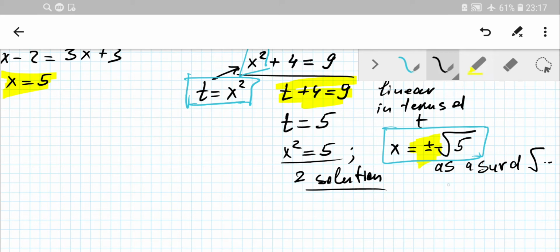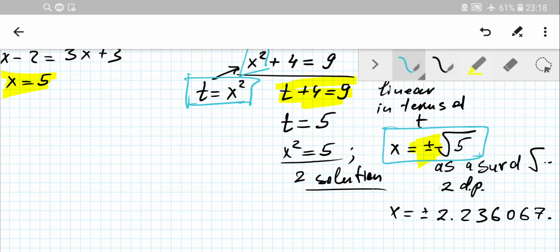and let's say you need to round to 2 decimal places. So right now I'll show you what it means. My calculator gave me the answer plus minus 2.23606 and something, okay? You just need to round to 2 decimal places. So here is the decimal point, right?